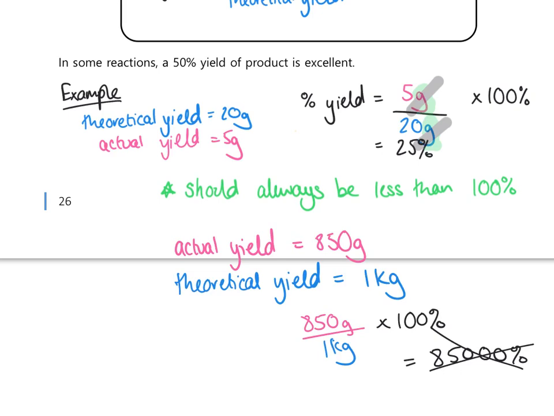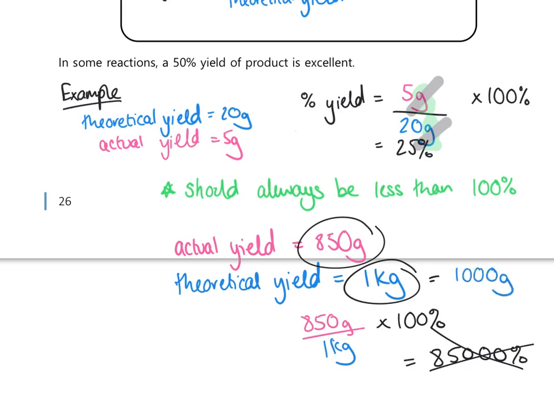So what do we need to do? We need to convert one of these masses into the other unit. So either you need to change your grams into kilograms or your kilograms into grams. I think it's probably easier to convert from kilograms into grams. So what you might say is that my theoretical yield is 1 kilogram. To convert that into grams, I multiply by 1,000.